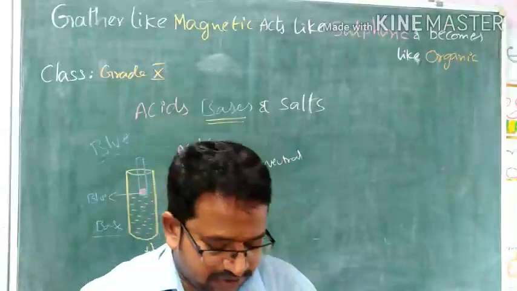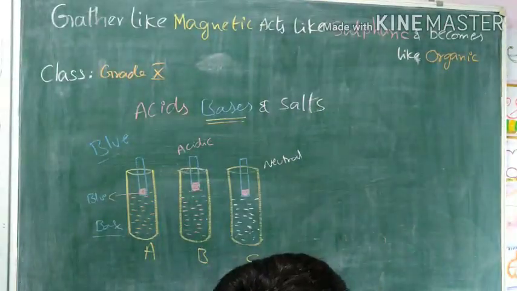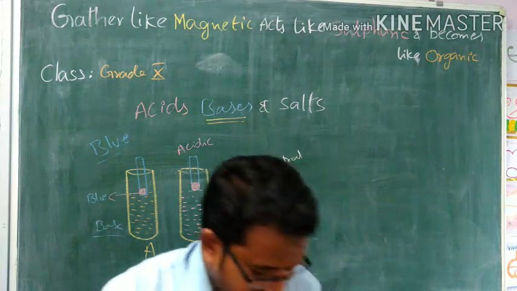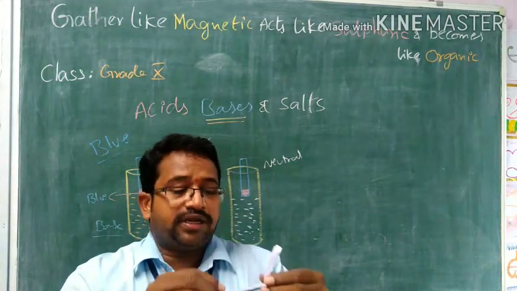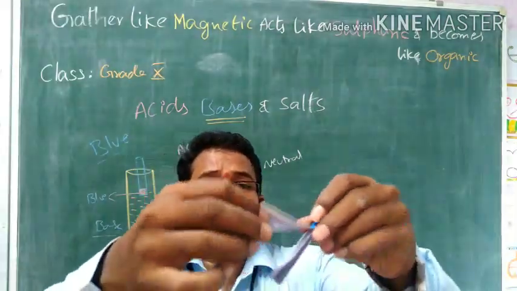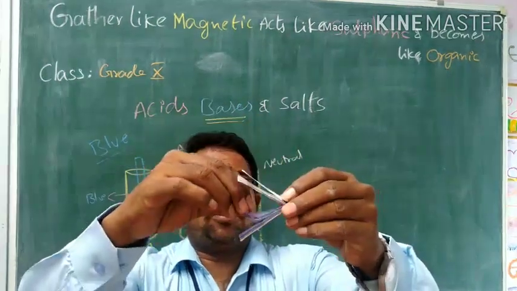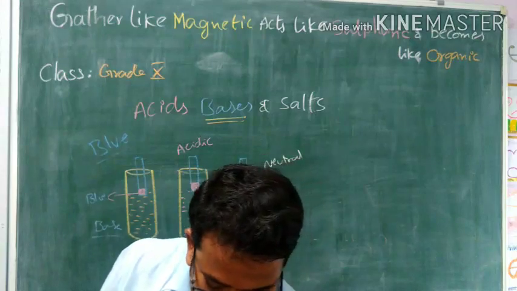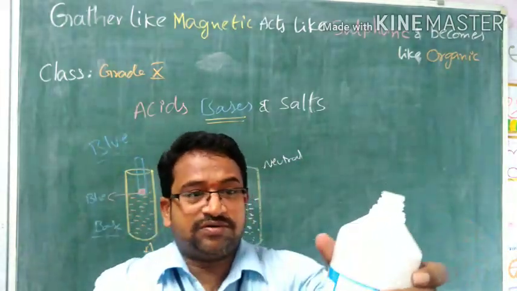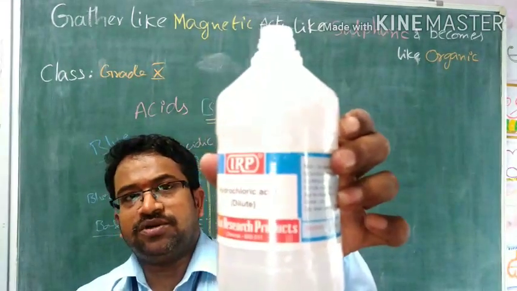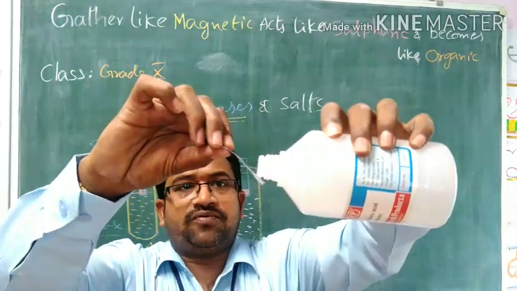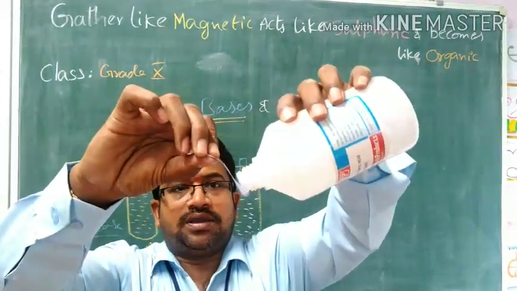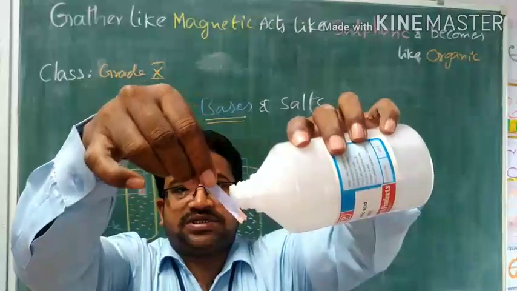With litmus paper also we can identify. For example, if you see, it is blue litmus paper. Now I am going to take a leaf of blue litmus paper and insert it into diluted hydrochloric acid. When it's put into this one, you may see the changes.